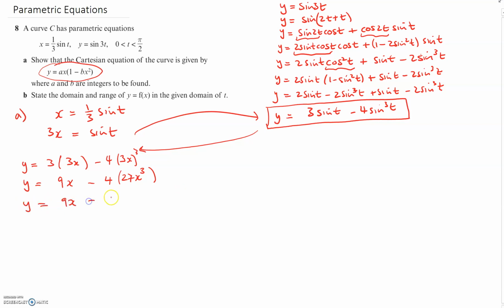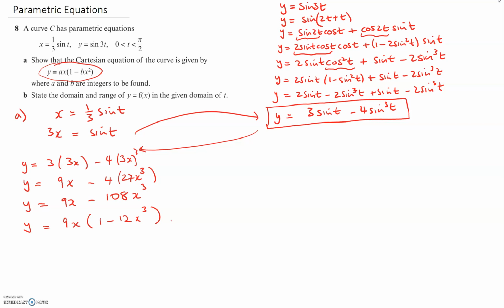Expanding that out, I'll get 108x cubed, and it looks like I can pull out a common factor of 9 and a common factor of x, and that's going to leave me with this, and that is now in the form above, y equals ax brackets 1 minus bx squared. That's what they wanted for part A.